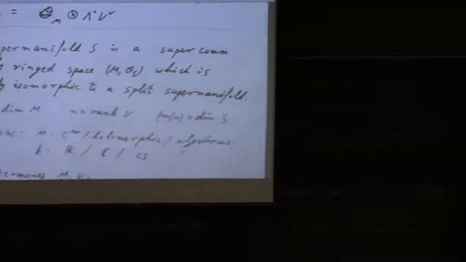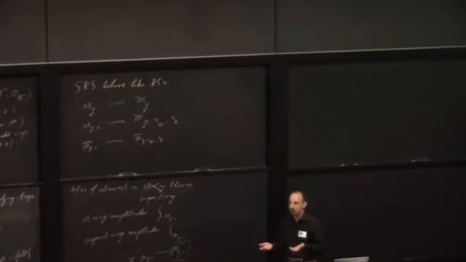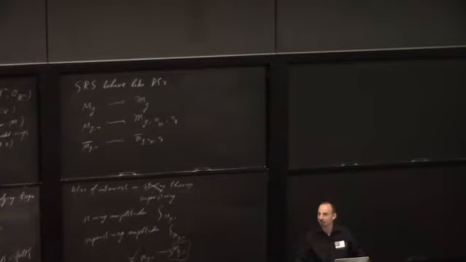Right. So the options are that it can be C infinity or holomorphic or algebraic or any other category that you want to work with. So you have all these variants of supermanifolds. And the underlying field, well, it could be any field. In particular, it could be the reals or the complexes. The thing that's the most useful, at least in heterotic string theory, is actually some hybrid between that.